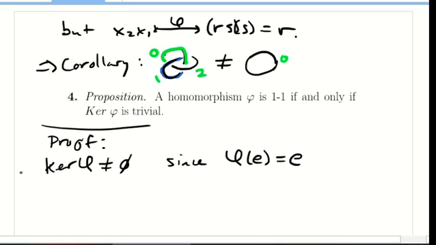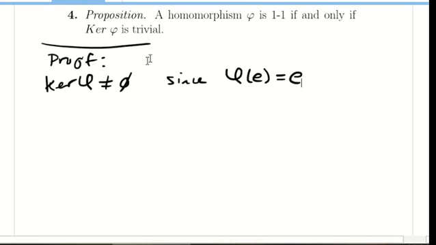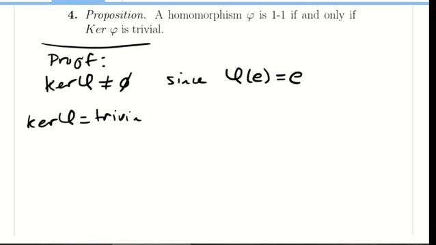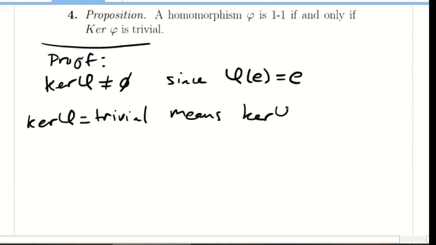So we know that the identity is in there, right? To show that it's trivial is to say that the kernel is just the identity. Okay?